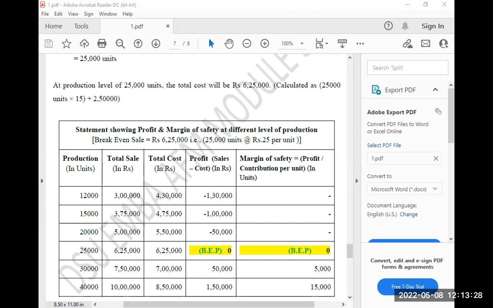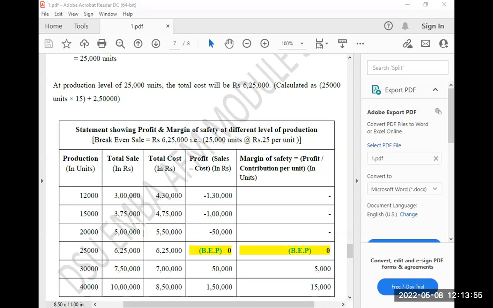Margin of safety is equal to profit divided by PV ratio. PV ratio will always give you the answer in value. Contribution per unit will give you the answer in number of units. We need it now in rupees, so you can apply the PV ratio formula. What is the profit they are expecting? 60,000, divided by PV ratio. What is PV ratio? Contribution by sales.